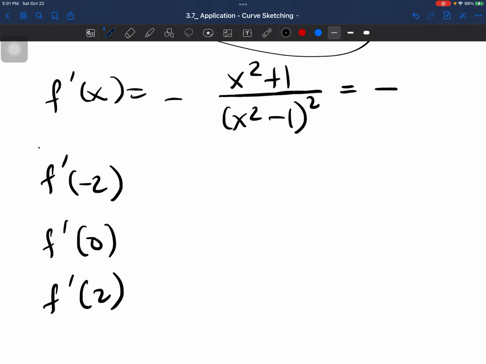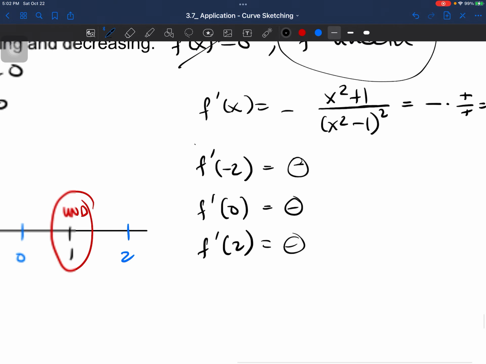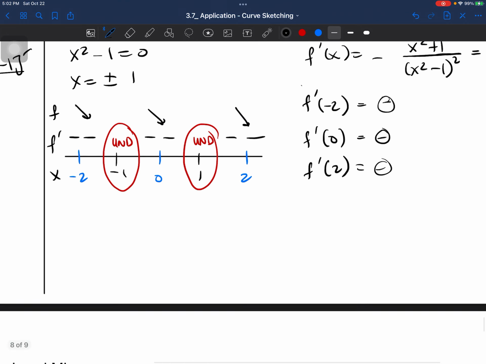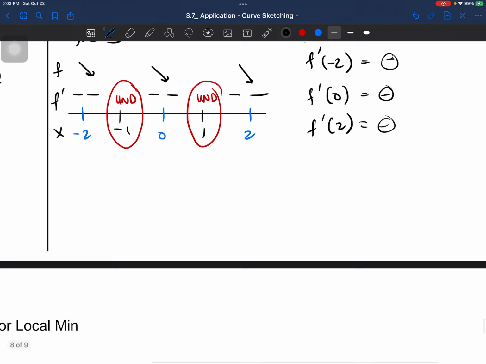But then you have a negative in front of it, like an imaginary negative 1. So you have a positive times a negative, which gives us a negative. So what I'm arguing is that no matter what you plug in, this is always going to be negative, negative, negative. So by using some logic, we're able to conclude that this translates to the function being decreasing, decreasing, decreasing.